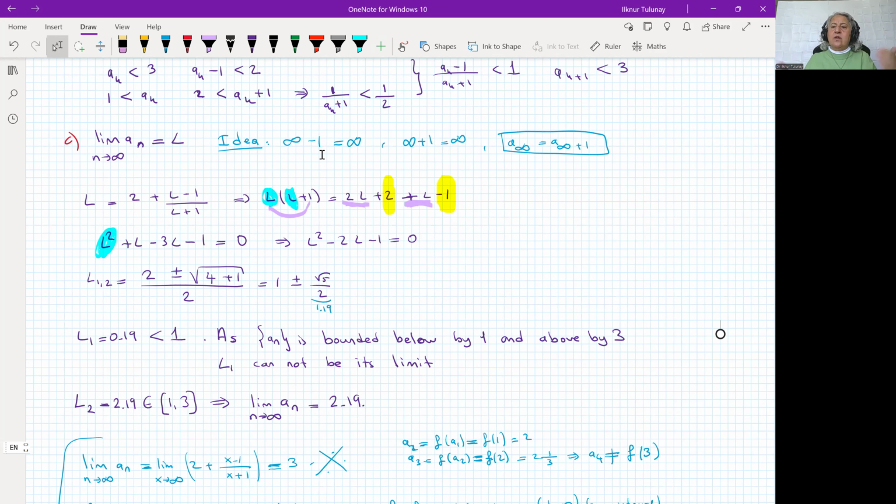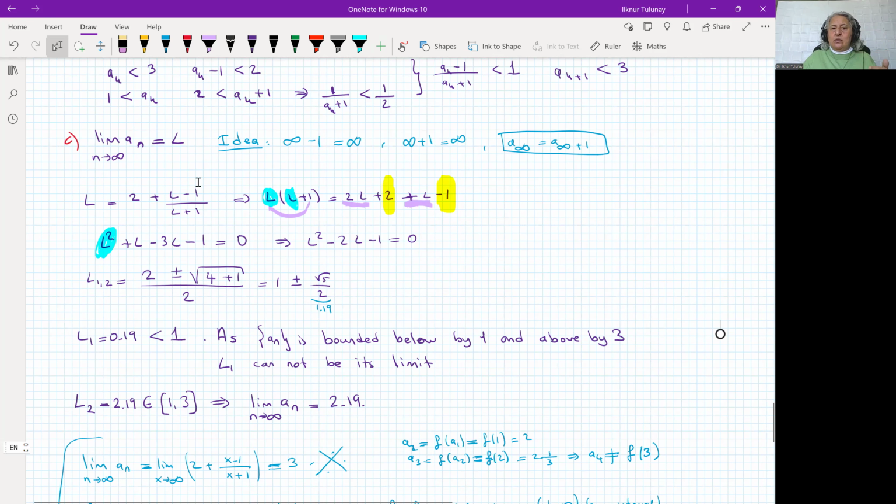Infinity plus 1 is infinity, plus or minus 1 is infinity, even for any fixed number. So a_infinity in this case is equal to a_infinity plus 1. So we will be able to get these equations.